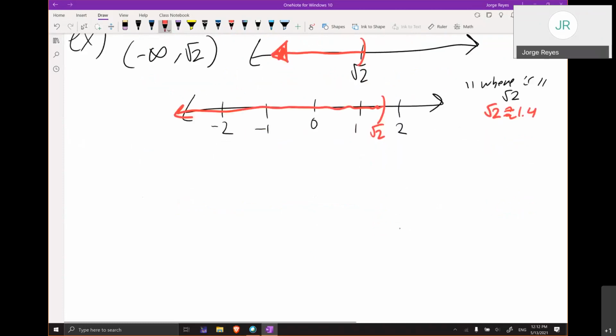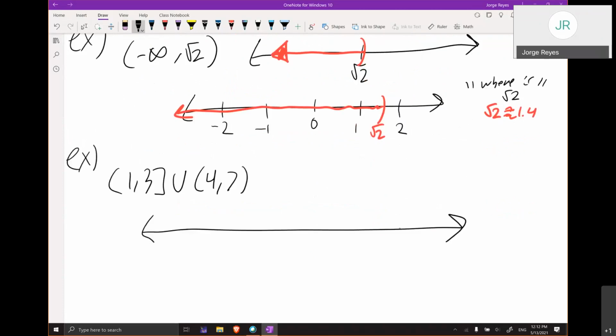Next, we're gonna kind of ramp up the complication. So (1, 3] union (4, 7). What does this look like? Well, I'm just gonna put numbers. So 1, 3, 4, 7.